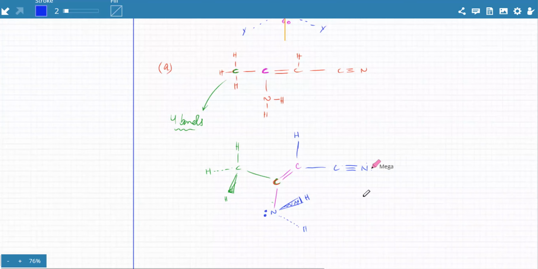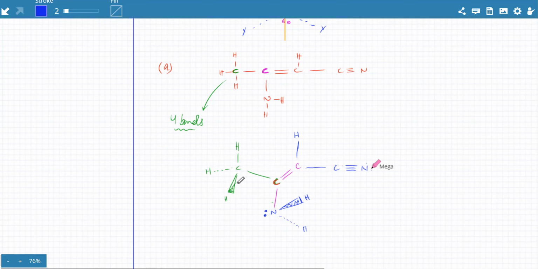And I told you that rotation is not possible around a double bond. So which means these are stuck in position. You can't twist the molecule at this point. Plus this tetrahedral shape over here would be spinning like a fan because this is a sigma bond, and I told you that rotation is possible around a sigma bond.